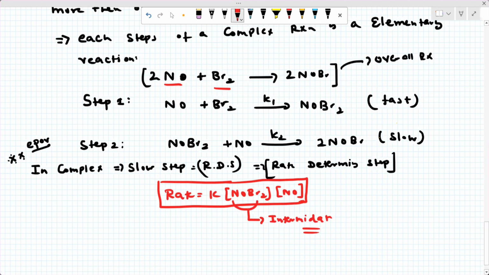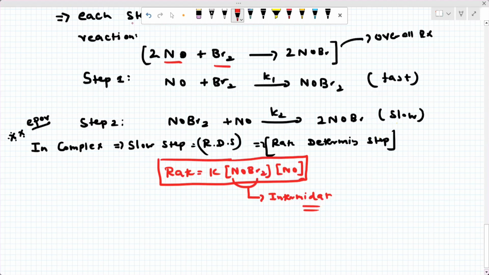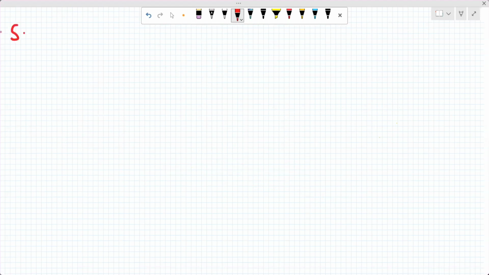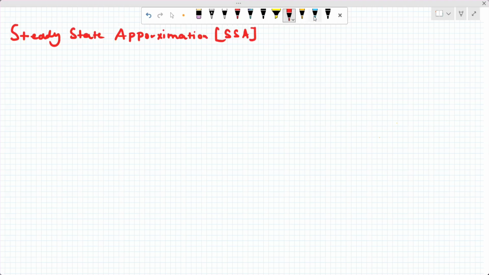Please note. First, what is SSA? That is steady state approximation. Please note, the application is very important.